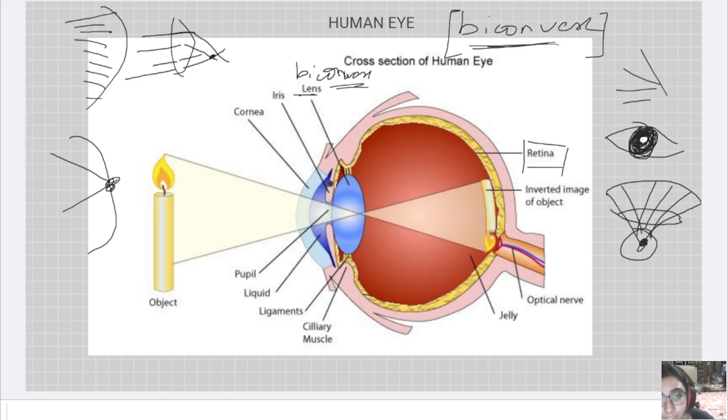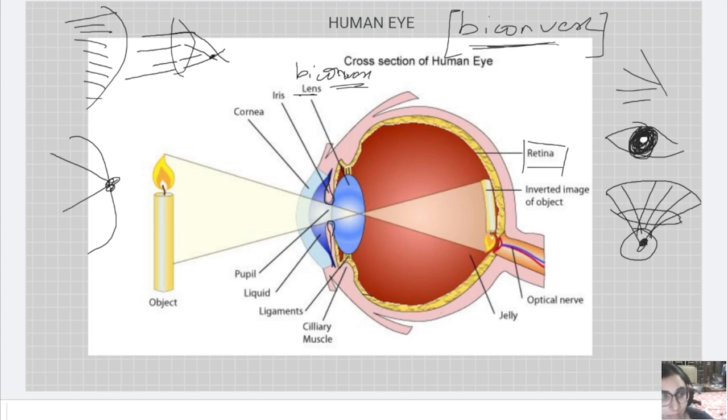Okay. So if you notice here, the pink portion is the iris. The iris is nothing but the extension of the choroid layer of the eye.